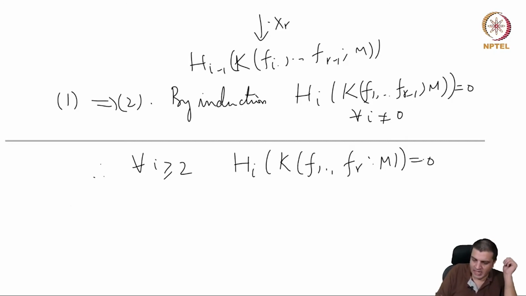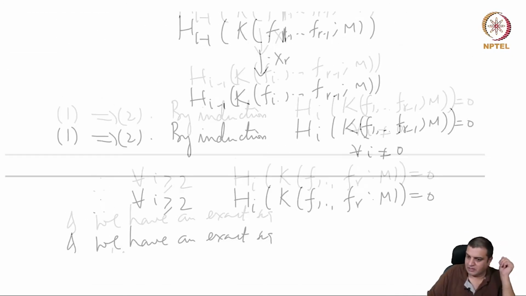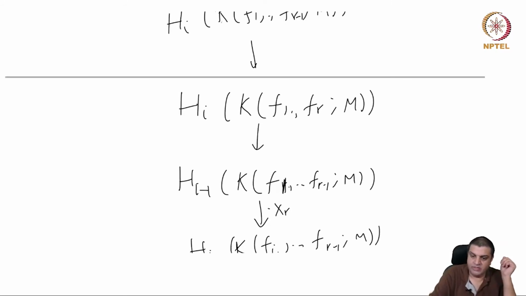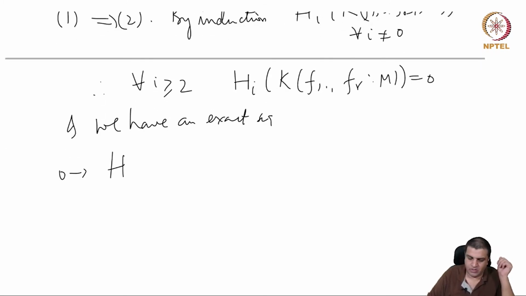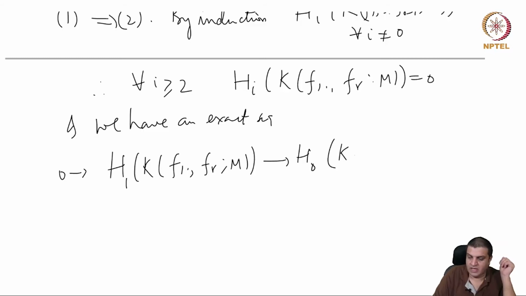And we have an exact sequence. For the last part, if i is 1, this is 0 by induction. So 0 to H1 of K of r elements to H0 of K of r minus 1 elements.